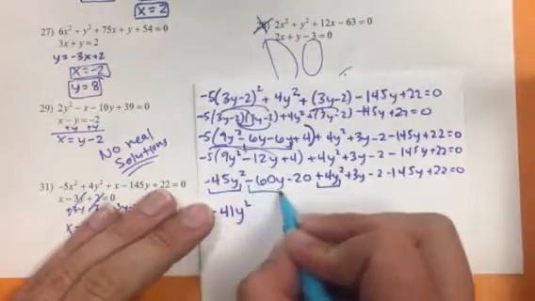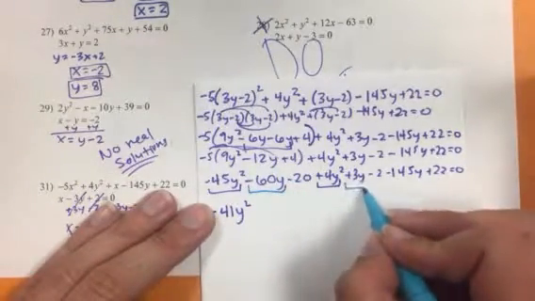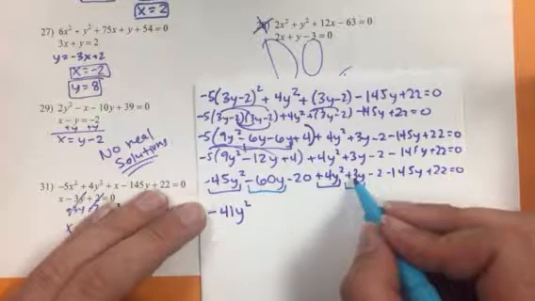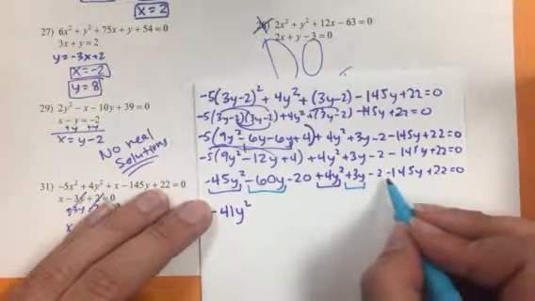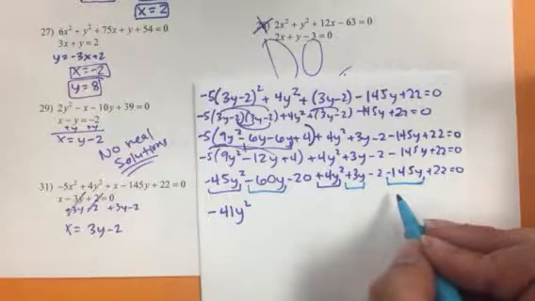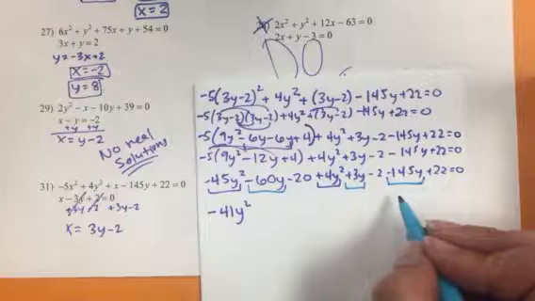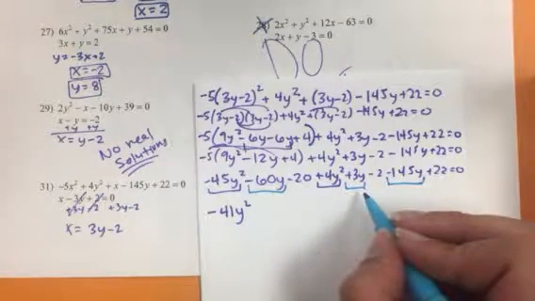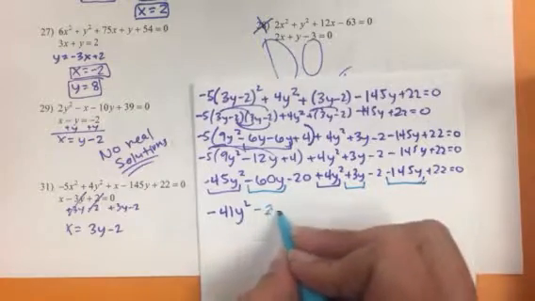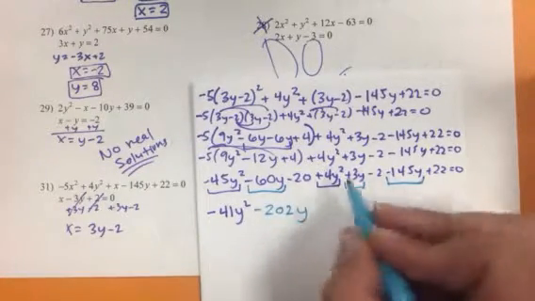Then we have 60. 3 makes 57 minus 1. Negative 60 plus 3 minus 45 is negative 2y.